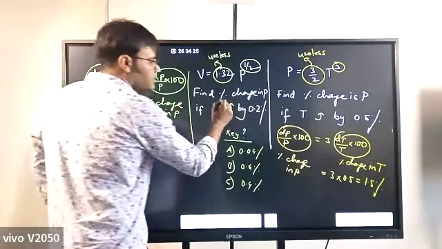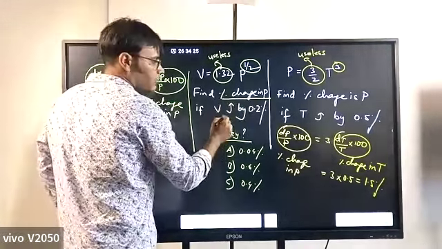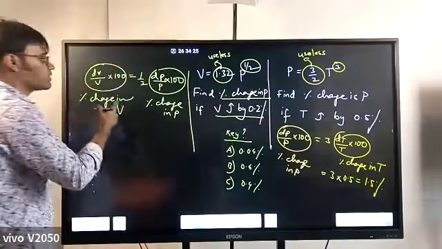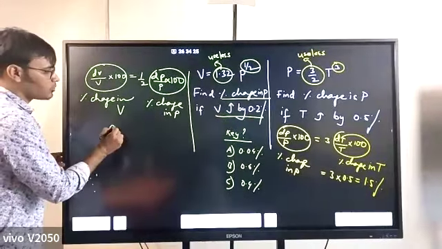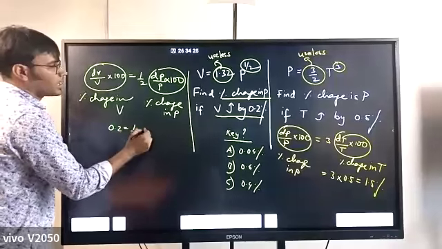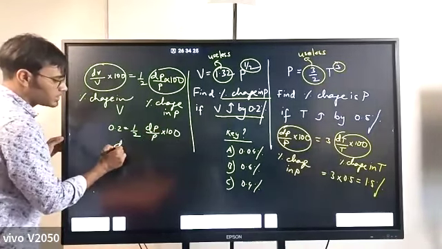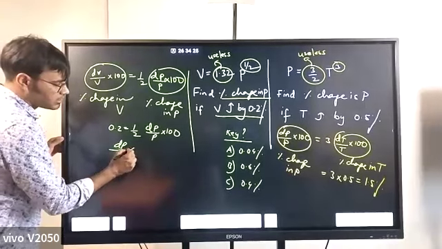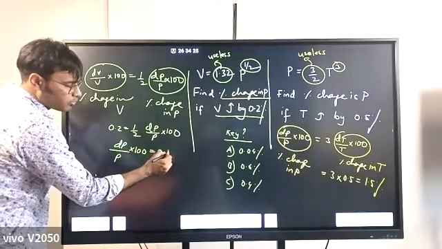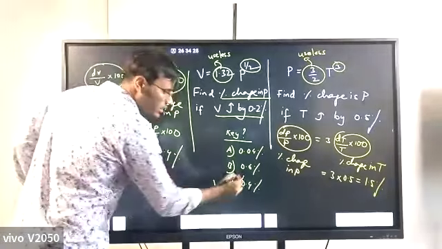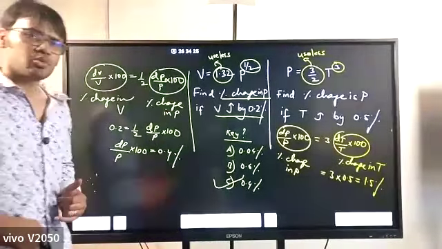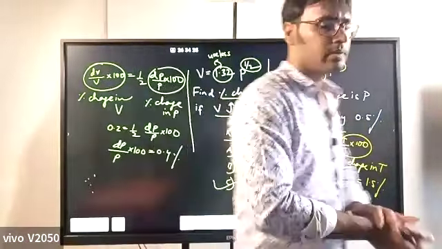What is given? Percentage change in volume is given as 0.2. We want to find the percentage change in pressure, which is what they are asking. So percentage change in pressure will be 0.4%. Other students, don't make silly mistakes, understand the concept.